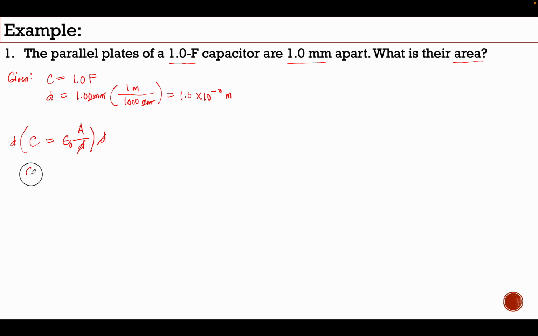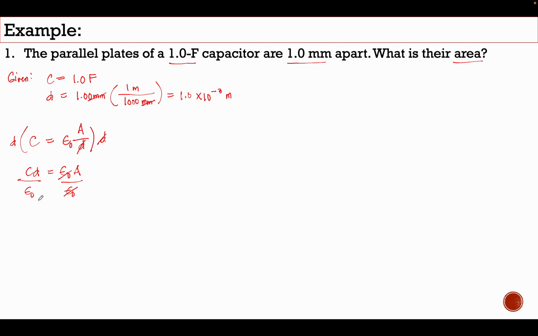So we have C times D is equal to epsilon naught times the area. Okay, so the next is to divide both sides with epsilon naught, so that what remains on the right side of the equation will be the area, which is what we are looking for.